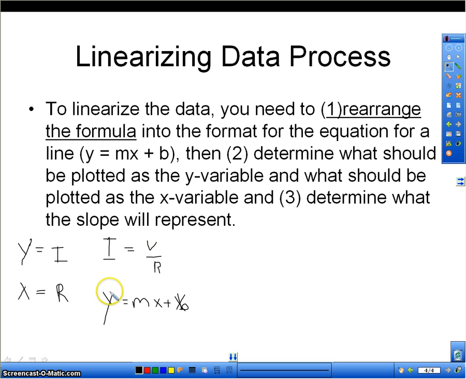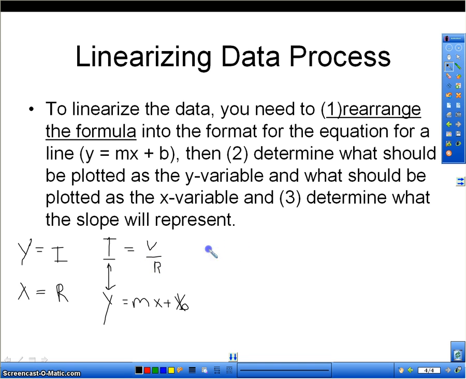I think a little bit easier to understand is that the I and y are the same thing. That's pretty easy, right? Because y is my dependent variable, and I is my dependent variable. The next thing I'm going to do is take the r, which is my independent variable, and move it over to the side.